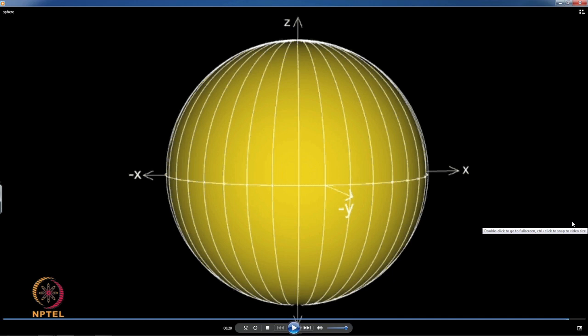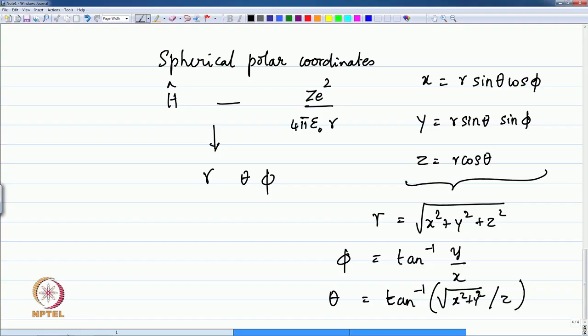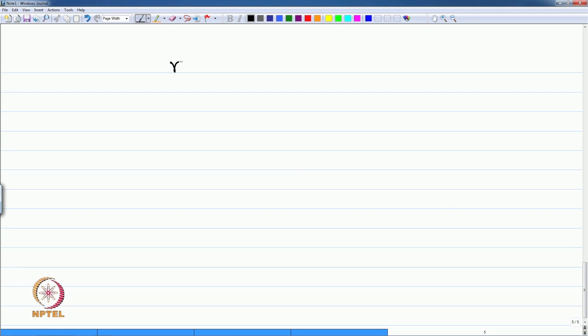you have 2 pi. Therefore, if we recall our lecture, r varies from 0 to infinity, being the radius of the sphere.